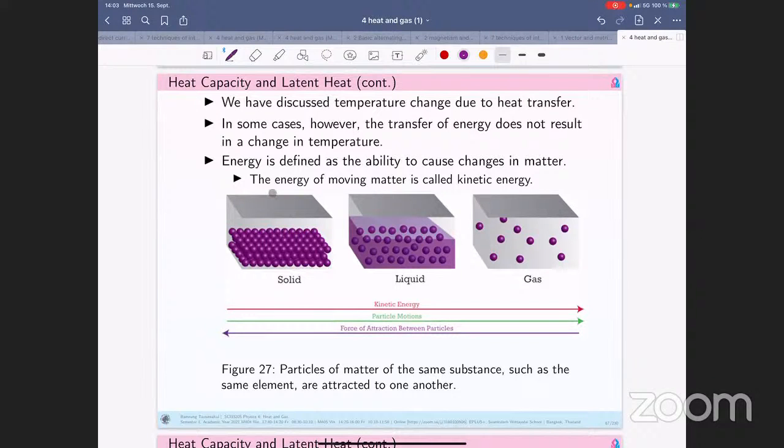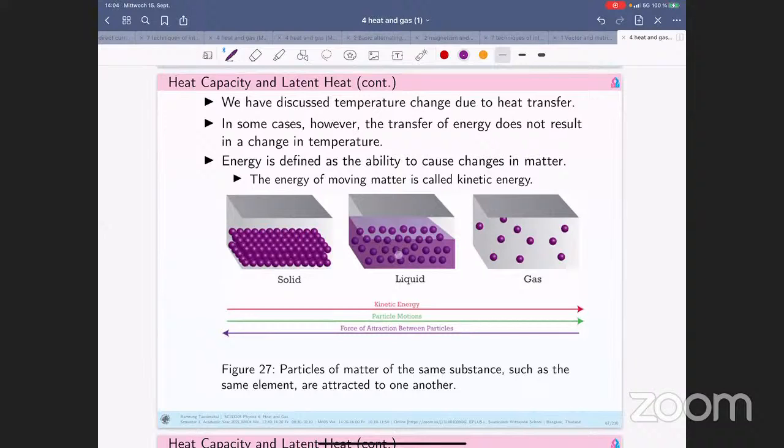You will learn the term phases later. Energy is defined as the ability to cause change in matter. The energy of moving matter is called kinetic energy, the basic energy for everything inside any material. In a solid, the arrangement of molecules is quite tidy and the molecules are close to each other.